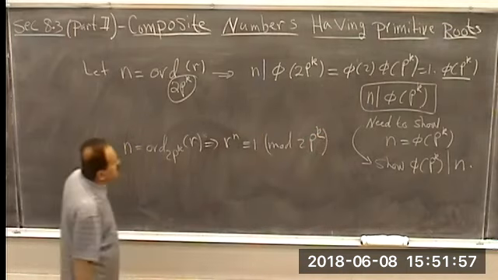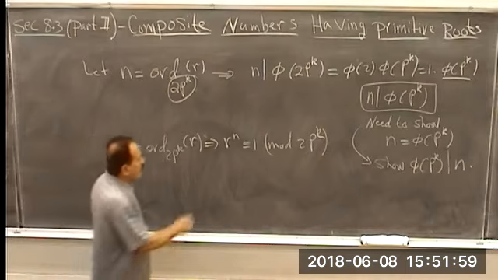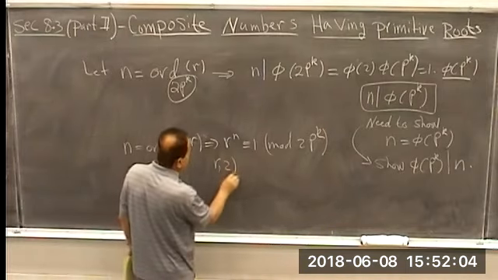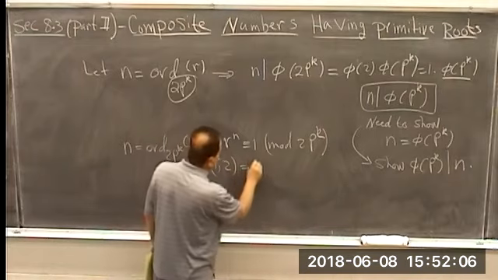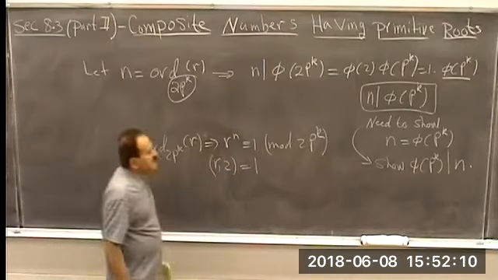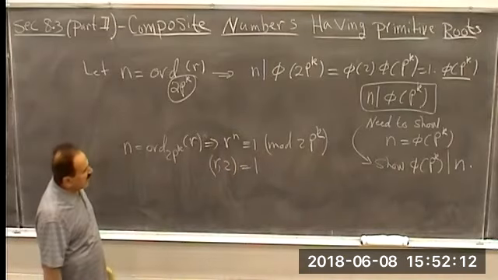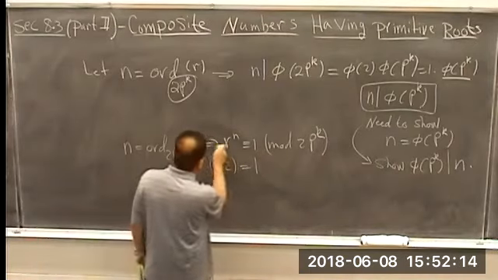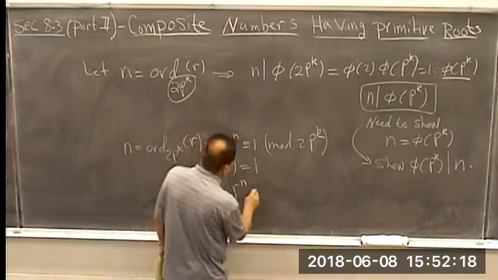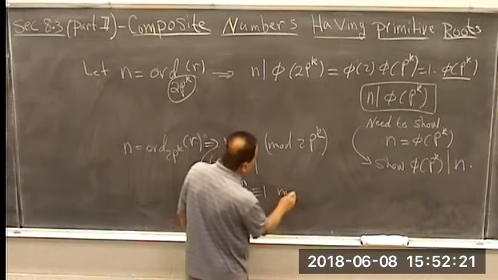And since r is odd, the greatest common divisor with 2 is equal to 1, and then I can actually divide out the 2 in this congruence. So this becomes r^n congruent to 1 mod p^k.